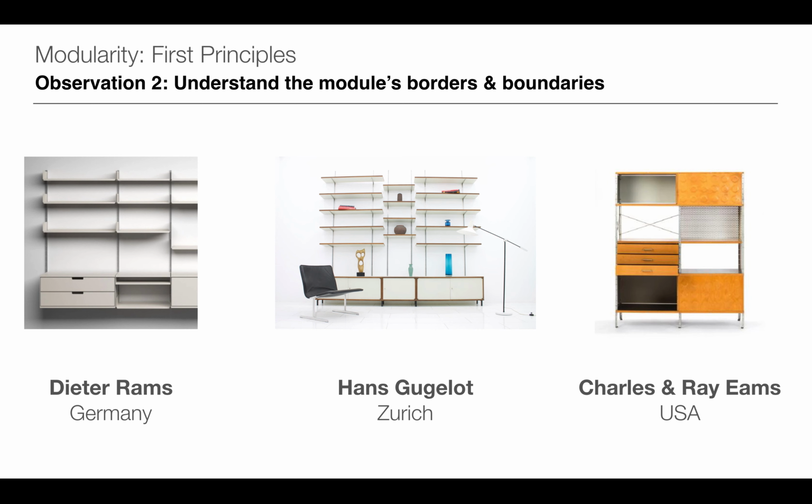But at the time, you had, for instance, Dieter Rams in Germany working on the RZ57 and then the later 606 system. You had Hans Gerlot in Zurich working on the M125. And you had Charles and Ray Eames in the US working on the Eames storage units. This was all going on in the 1950s and 60s.